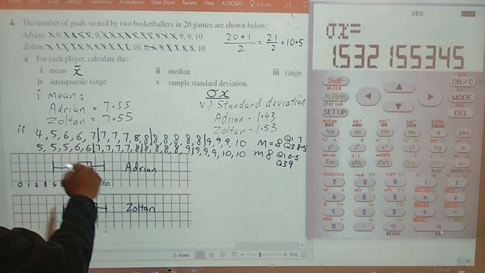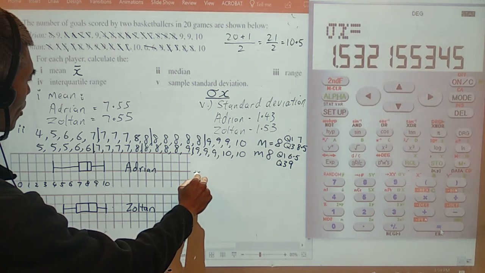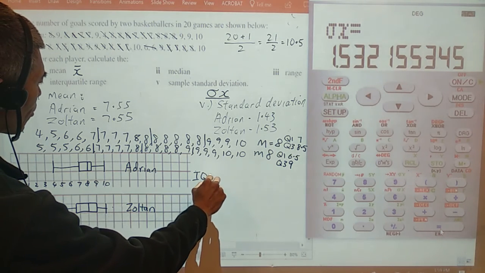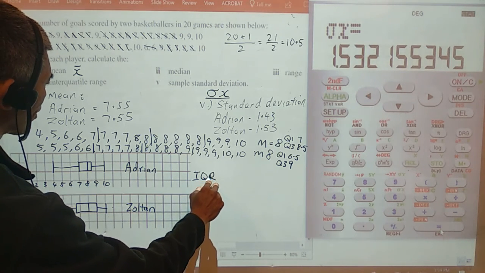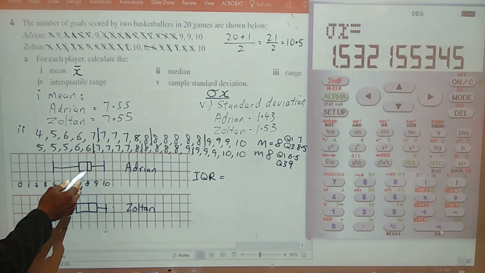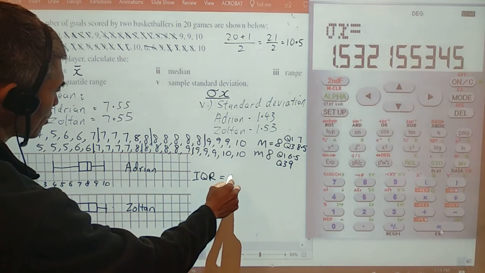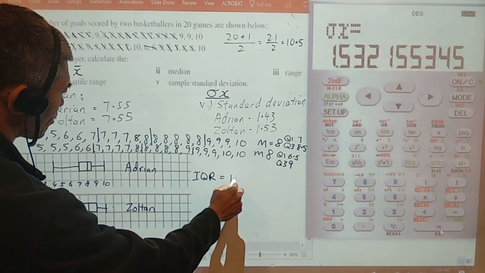So to answer the last part, the interquartile range for Adrian is 8.5 take away 7, which gives us 1.5.